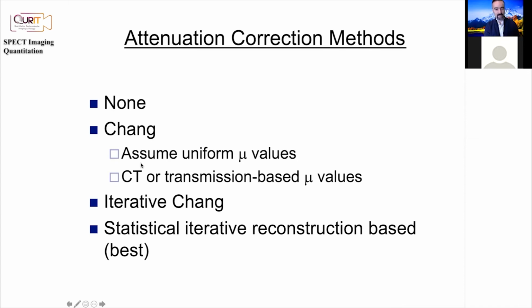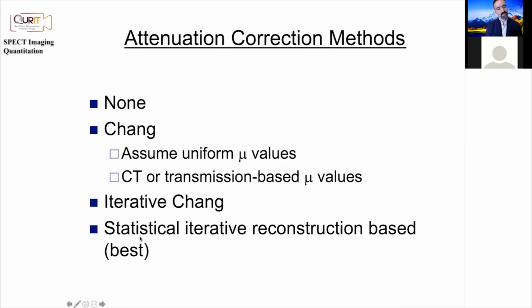Doing Chang, either assuming uniform mu values, or better, assuming non-uniform mu values as estimated using transmission scans or CT scans, or stepping it up a notch and doing iterative Chang to improve this method.